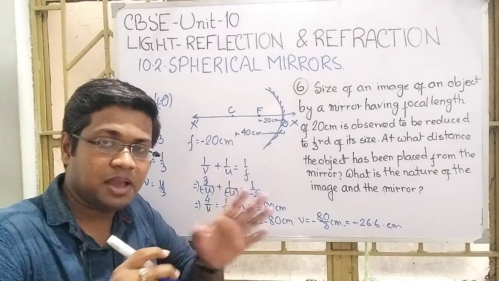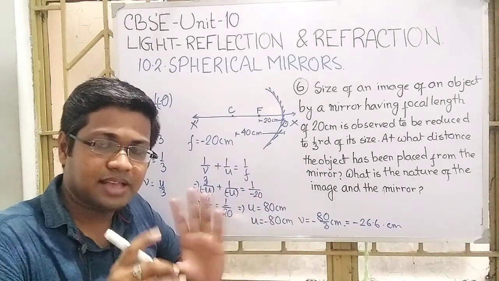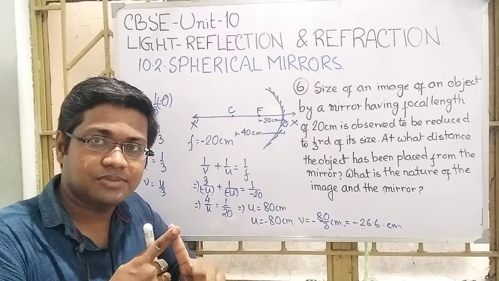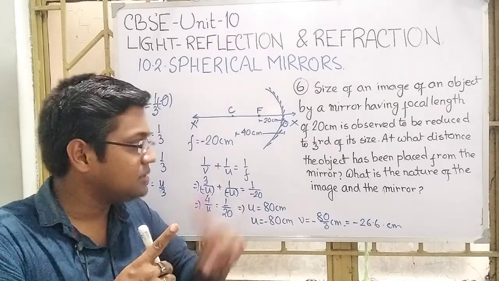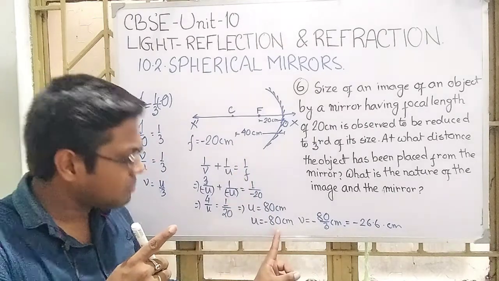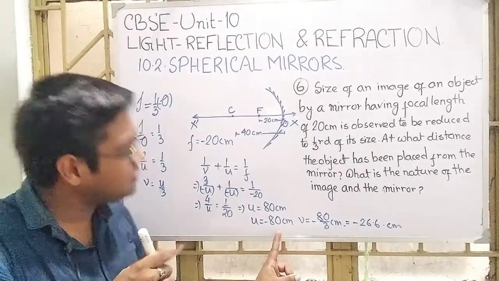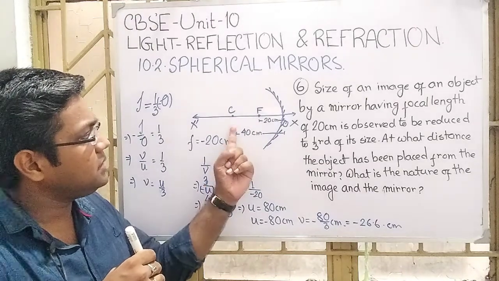So whatever I have calculated here, is it similar to the approach that we have dealt with? Just see, the object is placed at 80 centimeter from the mirror. The center of curvature is at 40 centimeter.